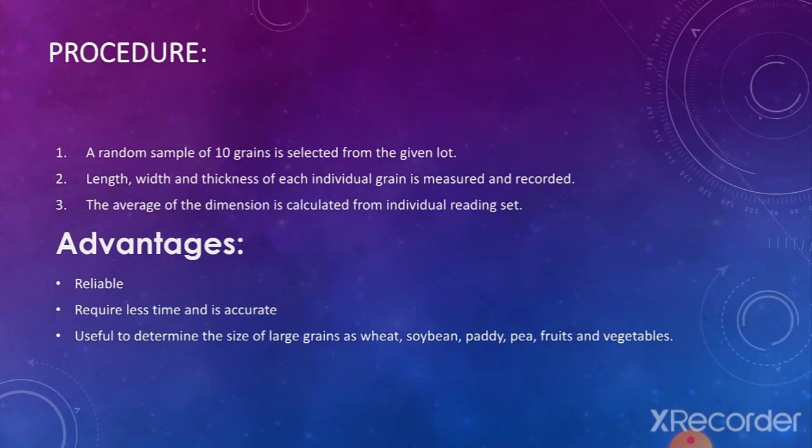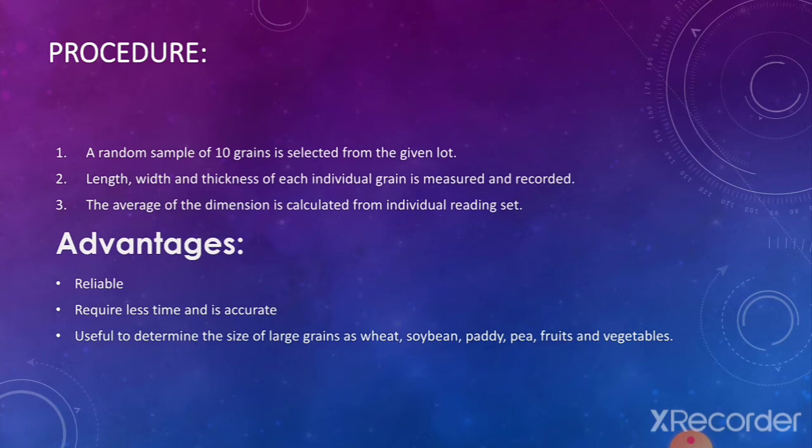Procedure: in order to determine the size of a particular grain, first take a random sample of 10 grains from the given lot. Then measure the dimensional characteristics like length, width, and thickness of each individual grain.